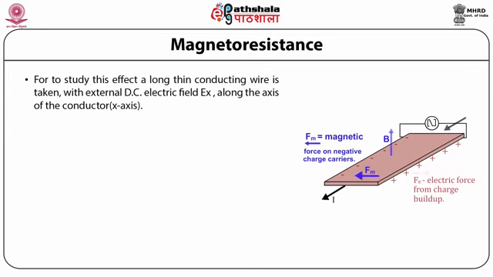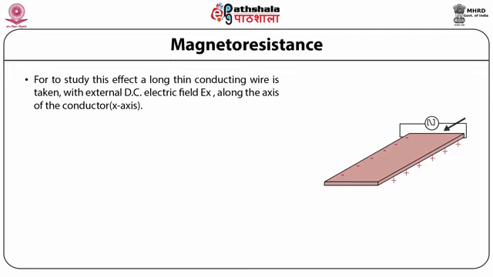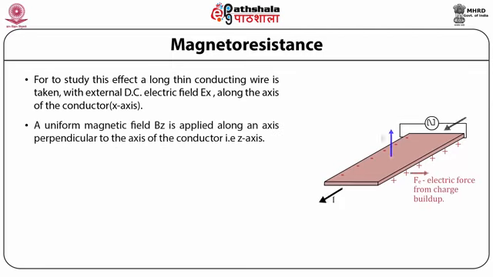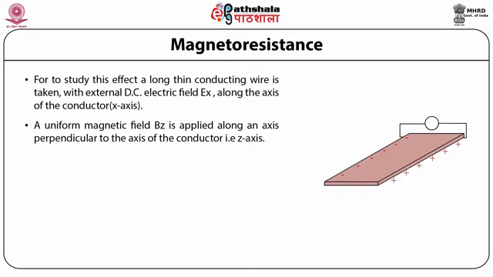To study this effect, a long thin conducting wire is taken with an external DC electric field Ex along the x-axis of the conductor, and a uniform magnetic field Bz is applied along the z-axis. Then the magnetoresistance, a tensor quantity, has only two components which have special significance.